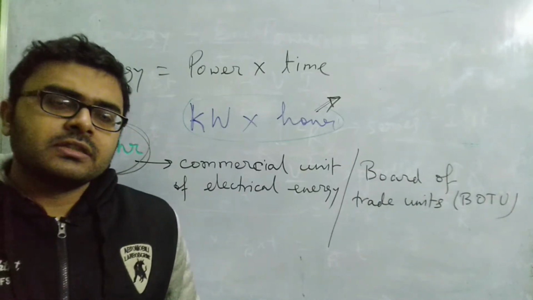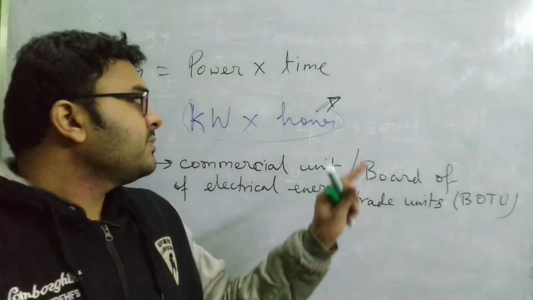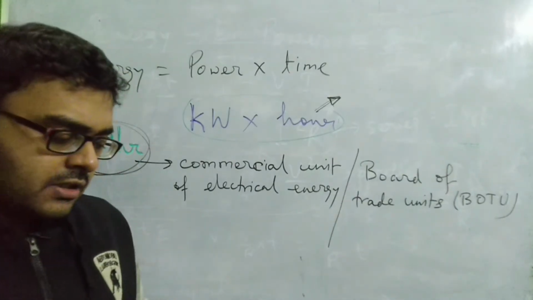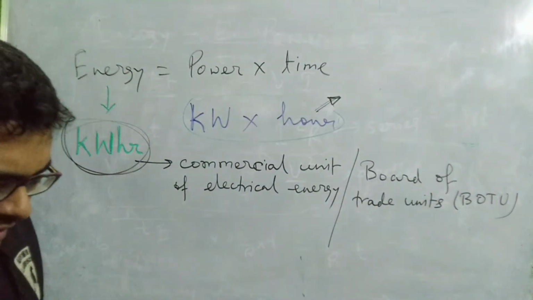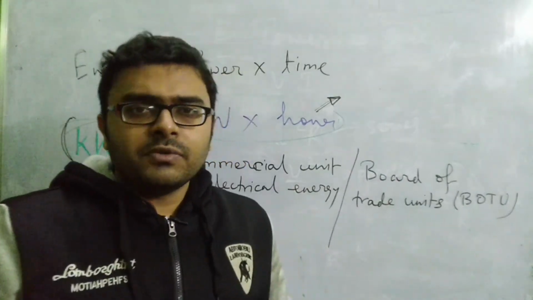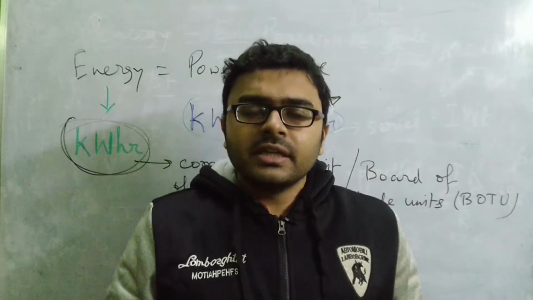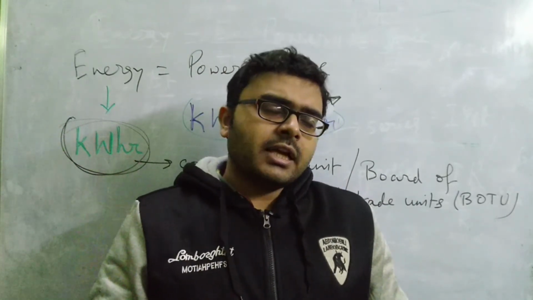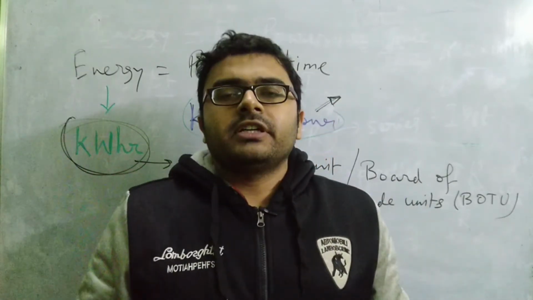If a device has been marked as 1 kilowatt, which means 1000 watt, and that device runs for 1 hour, then the energy that it consumes is regarded as 1 kilowatt hour, and it can be said that you have consumed 1 unit of electrical energy.